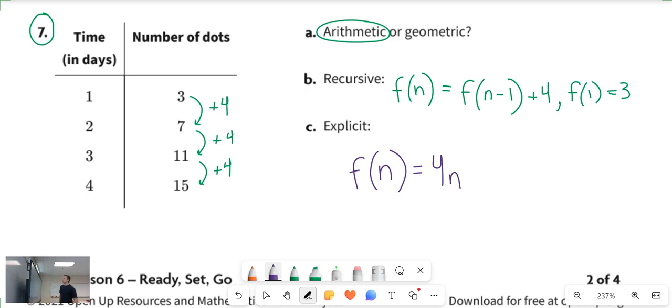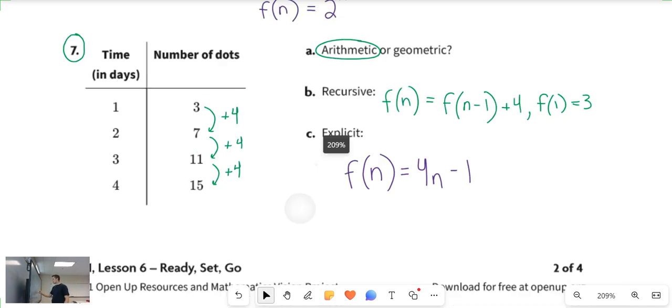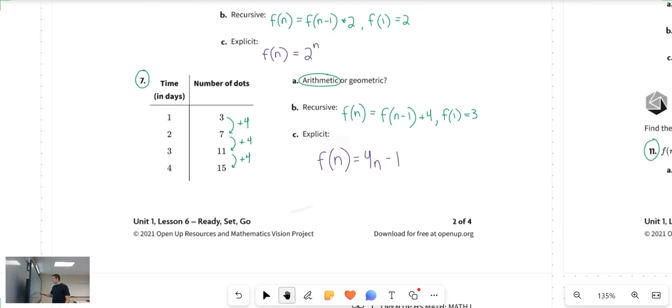And now the question is, what do we have to add or subtract in order for it to be 3 if we plug in 1? So if we plug in 1, we would get 4 times 1, which is 4, but we have to have 3, so we actually need a minus 1 here, right? That way, if we plug in 1, we'll end up getting 3, which we know is our starting point. So that is good to go on the first one.